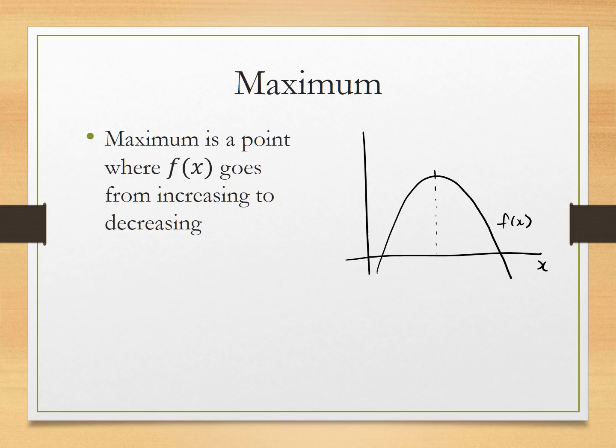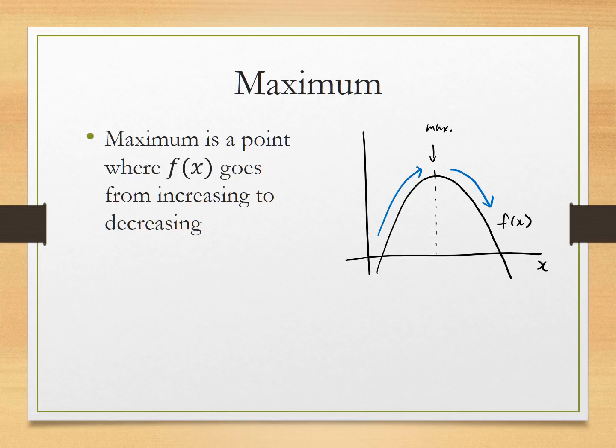Let's look at the shape of the diagram. This is the maximum. What's happening? The function is going up before it reaches the maximum point, and then it goes back down. That's the definition of a maximum. Maximum has to be higher than the points around it, right?